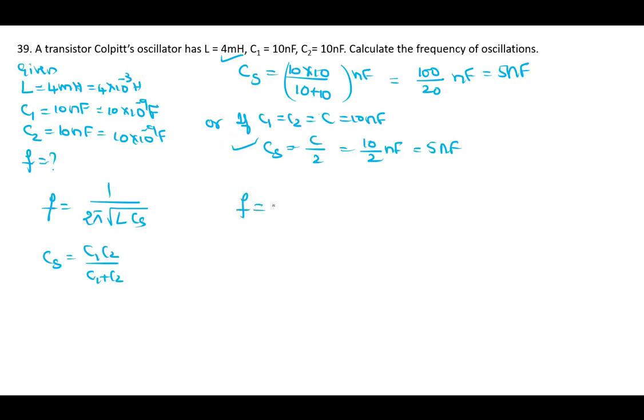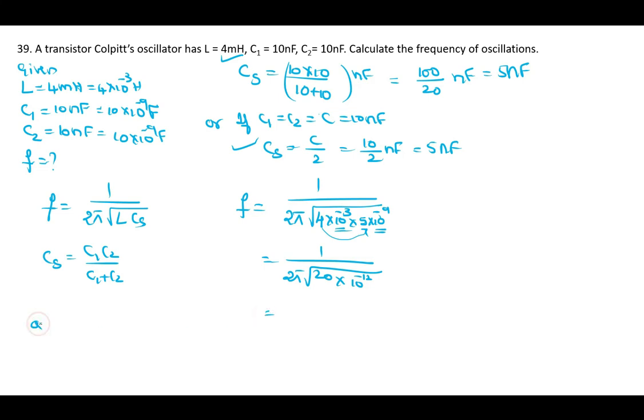Now substitute that in the formula. F is equal to 1 by 2 pi root 4 into 10 raised to minus 3 into 5 into 10 raised to minus 9. Now group these two. What will I get? That is 1 by 2 pi root 4 into 5, that is 20, into 10 raised to minus 12. 9 plus 3 is minus 12.